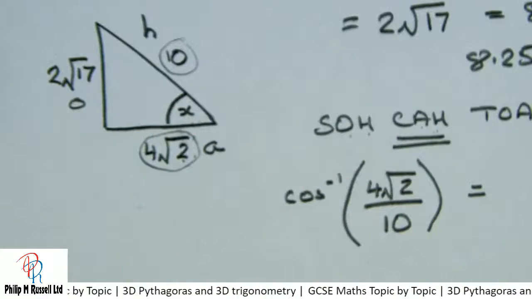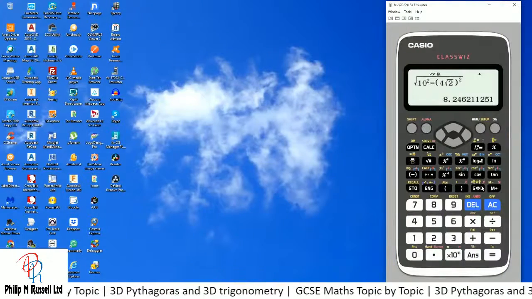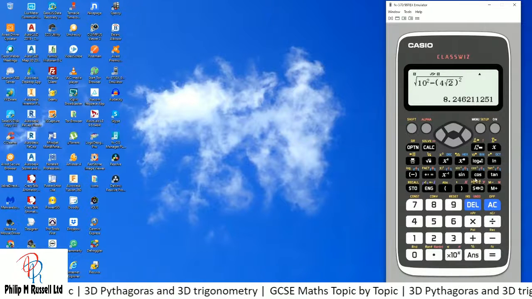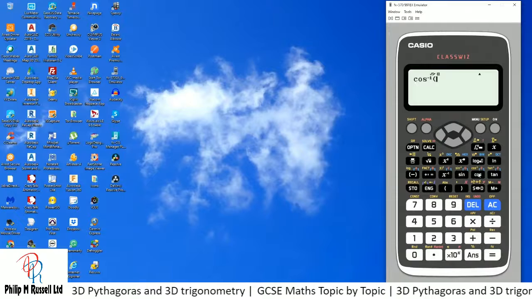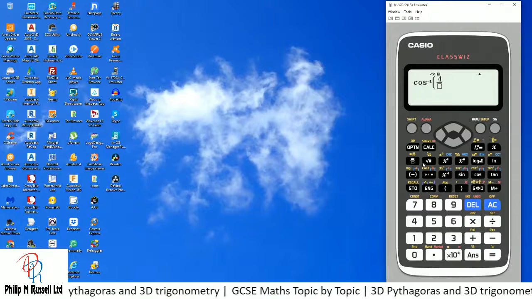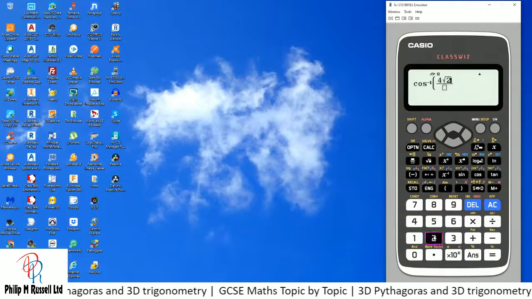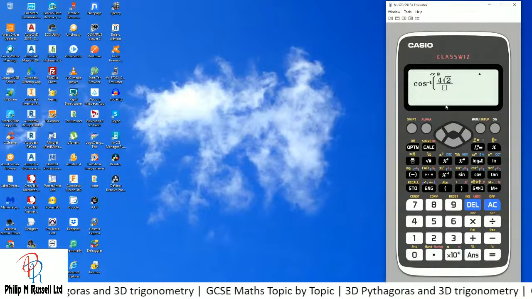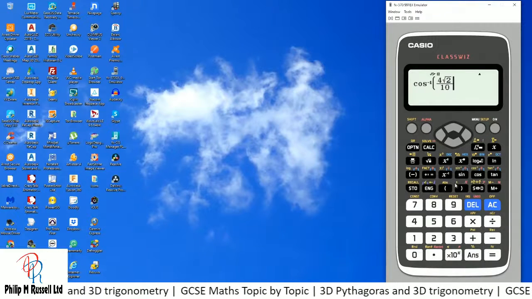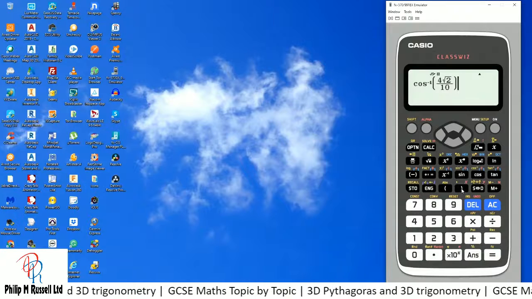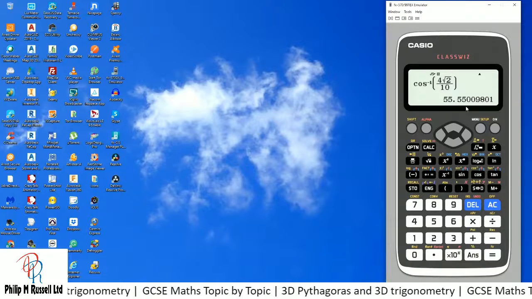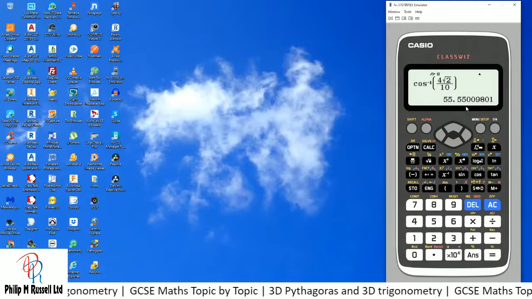We'll go over to the calculator and we'll put this in. So we want cos⁻¹, so shift cos⁻¹ of 4√2 over 10. I'm going to put my bracket in and we can press the equals, and out comes my angle, 55.55.